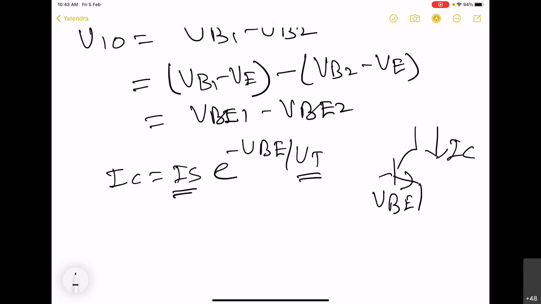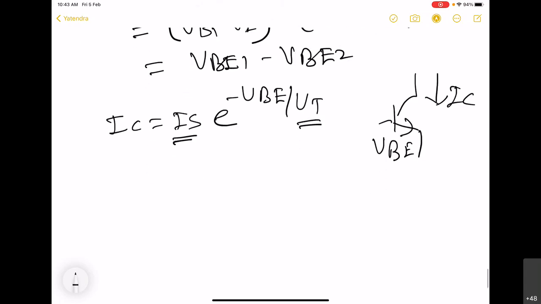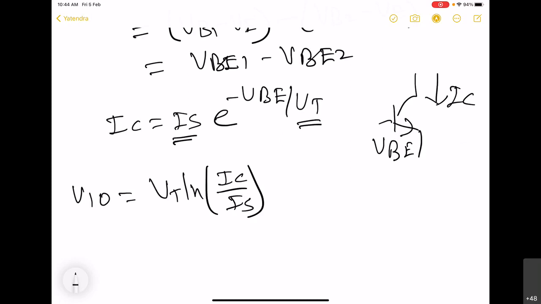So using this, we can rewrite the input offset voltage as ln, and this minus can be taken here.